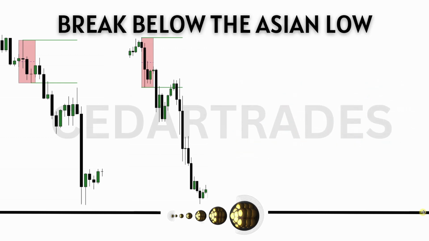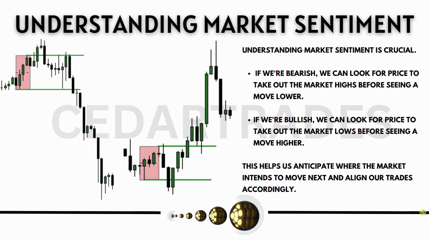The other thing is you have to understand market sentiment, as understanding market sentiment is crucial. Sometimes when we are bearish, on the other slides we say we want to see us breaking below the Asian low, then we continue lower.